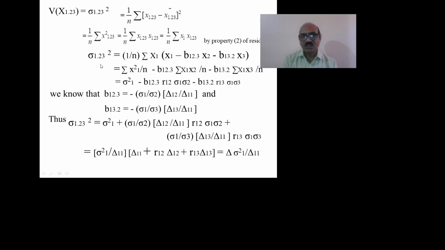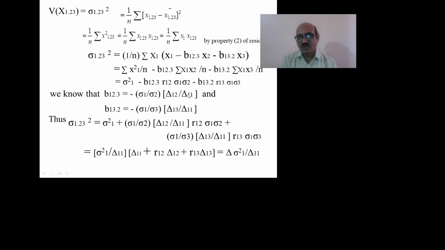Now substituting in this expression, sigma 1.23 equals this value as it is. This b12.3, with its minus sign, this minus minus will become plus, sigma 1 by sigma 2, delta 12 by delta 11, into r12 sigma 1 sigma 2 as it is.